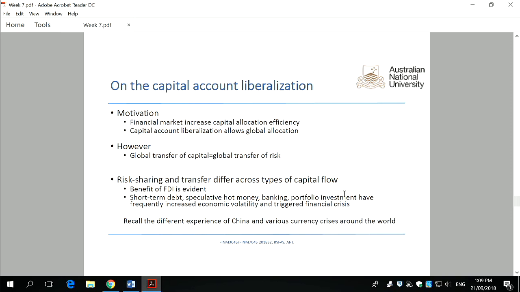Now, one example of this global capital transfer is Japan and the US, right? After the Bretton Woods system, or the Second World War, Japan's economy was rebuilt. And so around the 50s and the 60s, Japan was in a situation like China today.